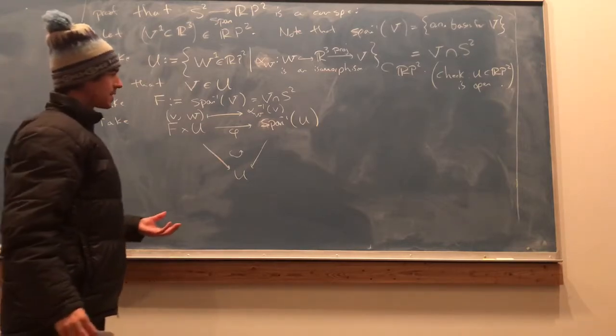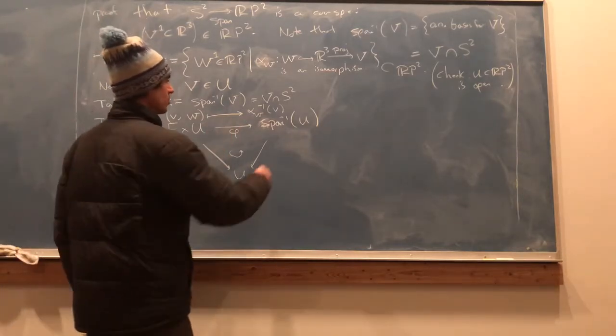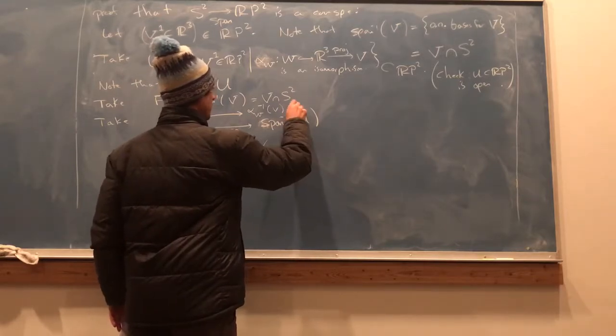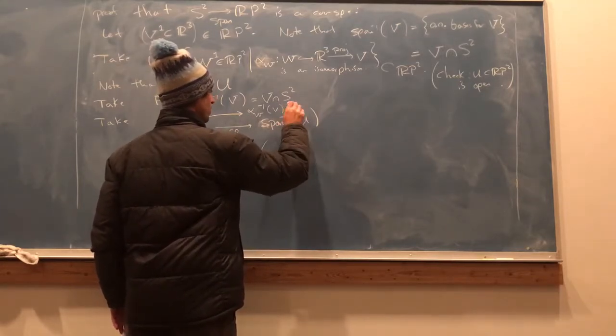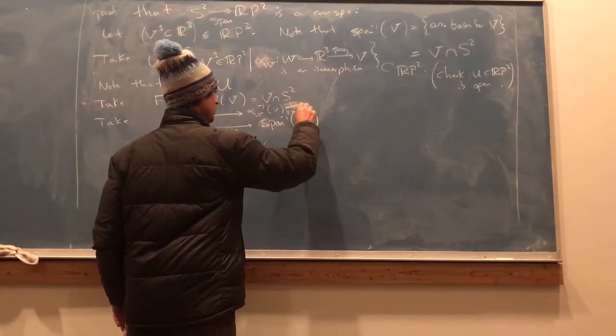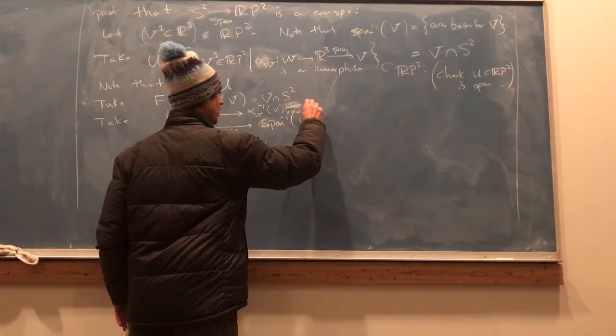It'll certainly be non-zero. So just scale by one over its norm, so just normalize it.